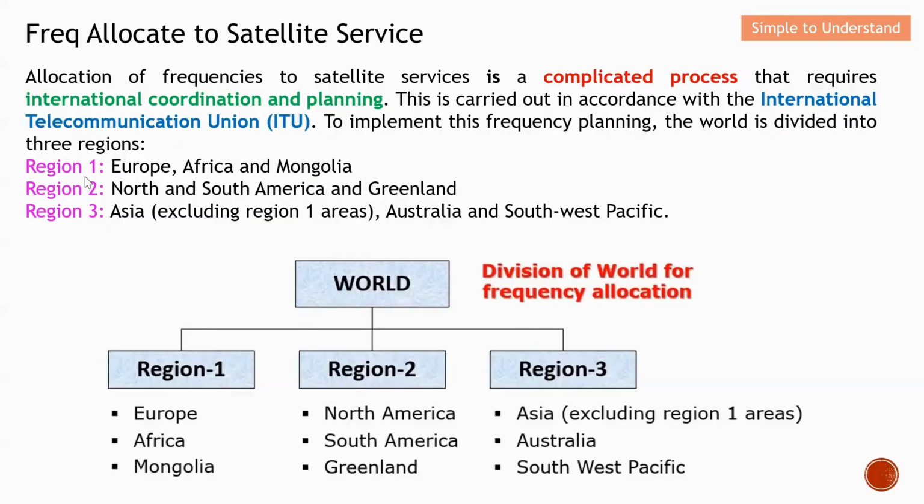Region 1 mainly covers Europe, Africa, and also Mongolia. Region 2 mainly covers North and South America and Greenland. The third region basically covers the whole of Asia, except the Region 1 area, which is Mongolia, as well as Australia and the Southwest Pacific. Basically, this is a diagram to show you how the frequency is planned for the whole world. Mainly you can see that there are 3 regions.